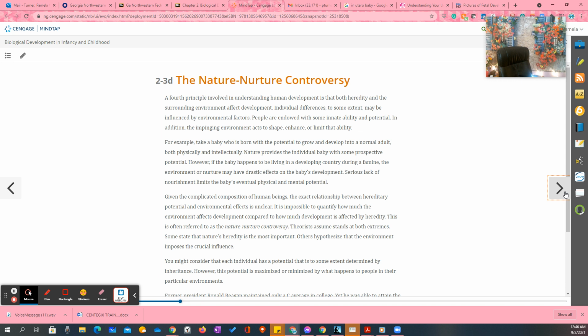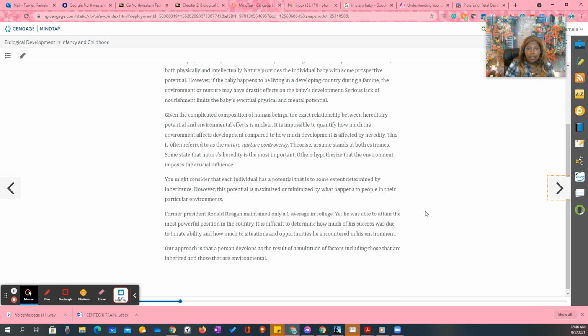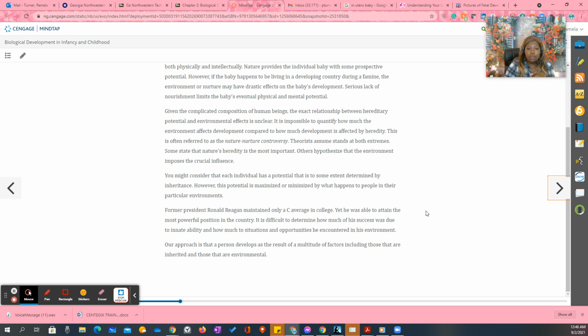However, when it comes to temperament or personality, are those genetic or did I learn them? Right? And later on, we'll talk about drug and alcohol abuse, where we're going to look at that as well. Is it nature? Am I predisposed to be an alcoholic because of what my dad did? Or is it because I was raised in that environment? Okay. So that's nature versus nurture.